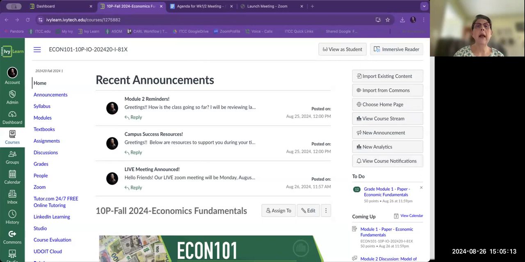And so I'm just going to try to annotate real quick what I'm talking about here. So if I draw a table and I put my prices on one side and my quantities on another.